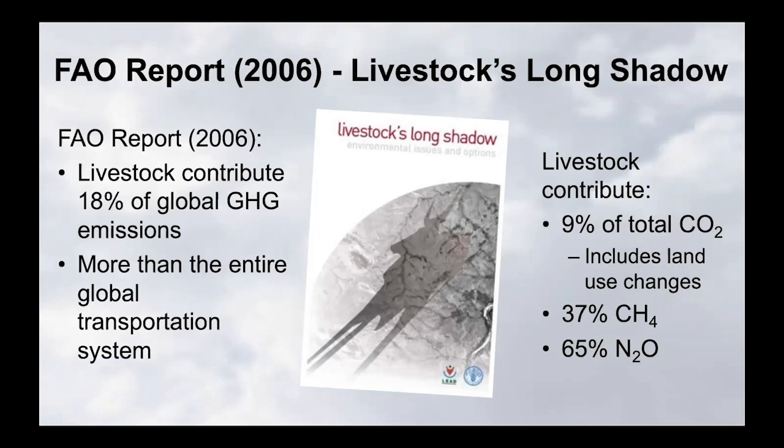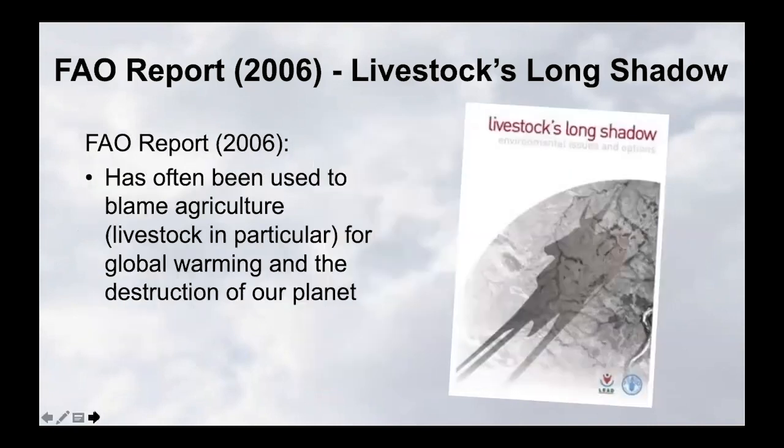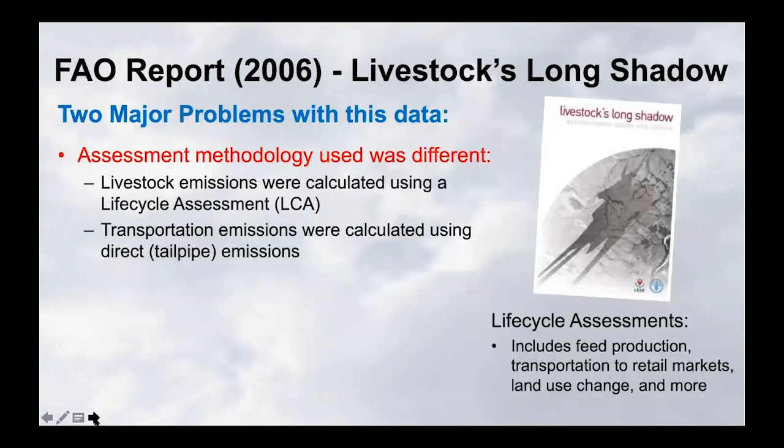They can twist those numbers so that it looks like we're extremely damaging. Okay. There's some issues with this one, but this has been used more to blame agriculture and livestock in particular, especially cows, for destroying our planet than pretty much any other source of greenhouse gas emission data.